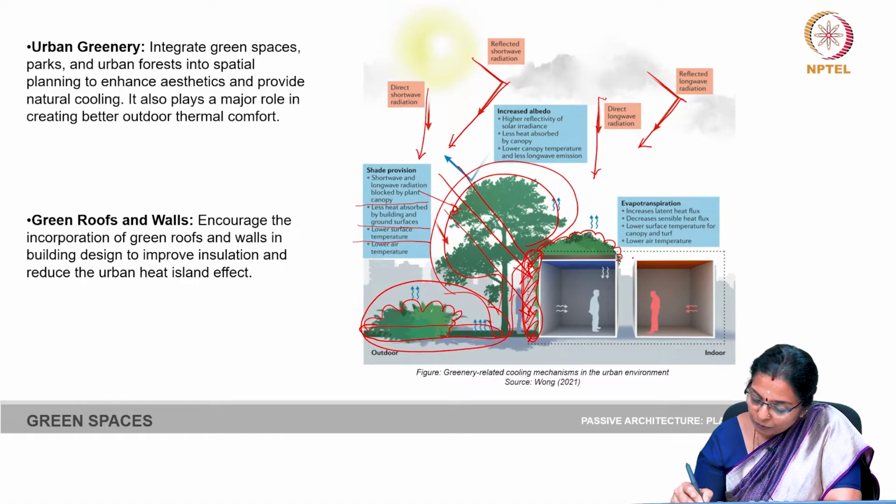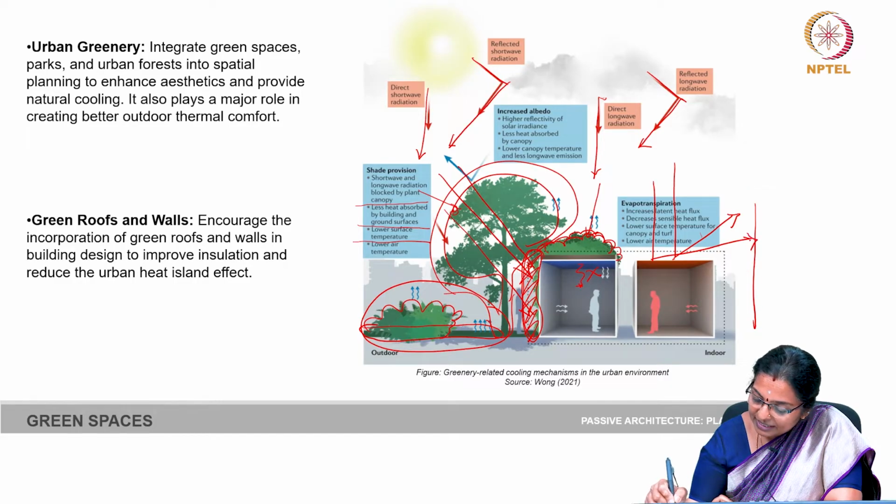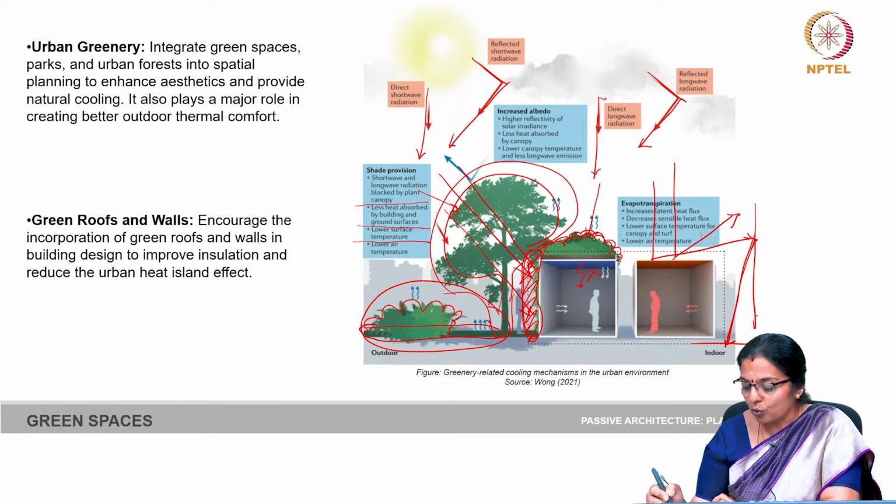Having cool roofs, if you have multiple cool roofs, radiation is absorbed by the plants and it does not percolate inside the house. If you do not have, say for example, a green roof, then what happens is the radiation is reflected. Multiple reflections happen. Adjacent buildings, it gets reflected and then it gets reflected on the ground and so on and so forth.